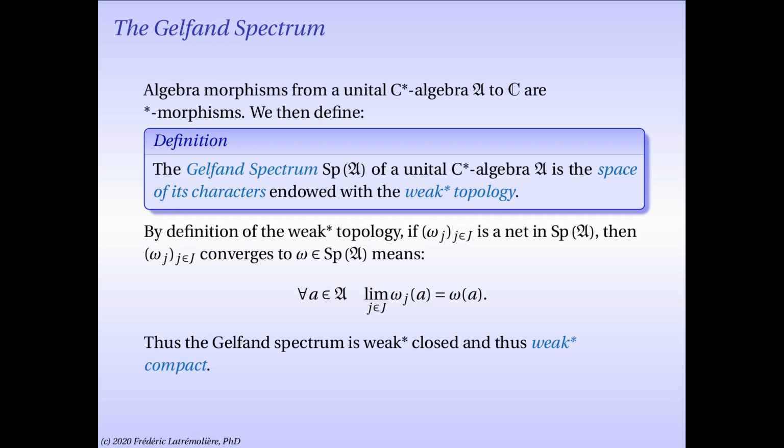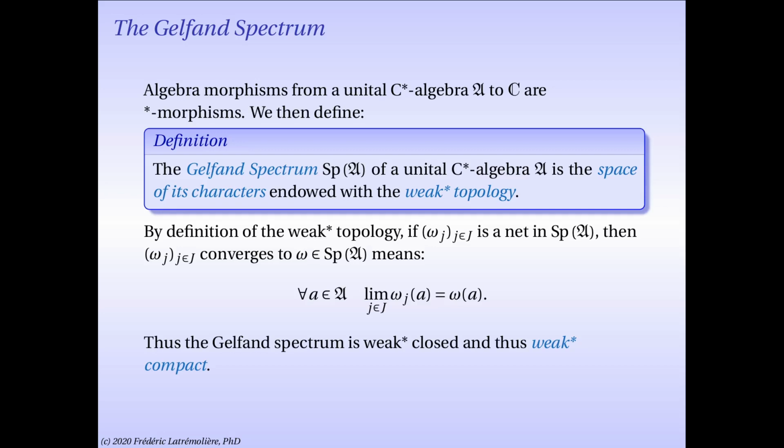I do know it's a continuous linear functional, but then if you plug the unit of your C-star algebra in this limit, then you see that since omega_j at the unit is always 1, the weak star limit of characters at the unit of the C-star algebra must take the value 1 as well. So certainly already omega is not trivial, it's not 0.